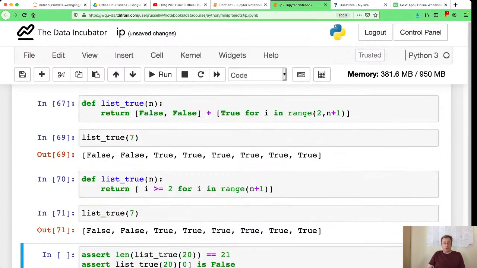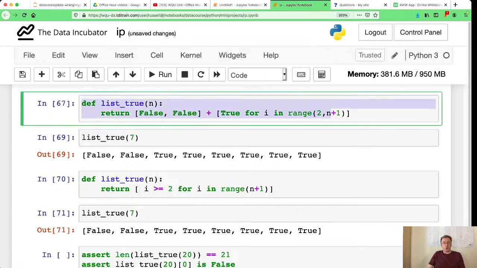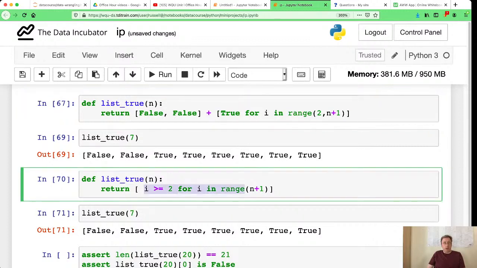Again, I get false, false, true, true, true, true, true. 0, 1, 2, 3, 4, 5, 6, 7. Right, so I could explicitly construct 2 values being false and the remainder that I want to be true. I could get the same result by using a Boolean expression.